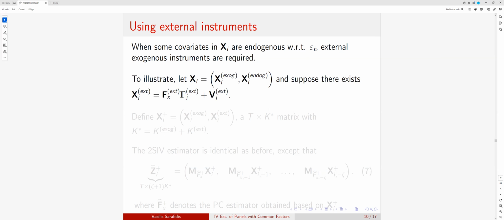To illustrate, let's decompose X into a set of exogenous and a set of endogenous covariates. Note again here that exogeneity refers to contemporaneous correlation between X and epsilon, or lack of correlation, since the X's can always be correlated with the factor component. Now suppose that there exists a set of external variables which are exogenous with respect to epsilon.